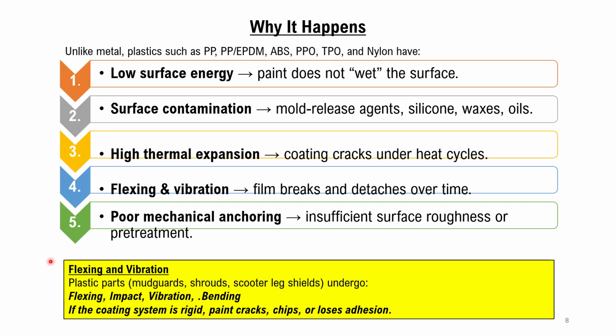Here, flexing and vibration means plastic parts such as mudguards, shrouds, and scooter leg shields undergo flexing, impact, vibration, and bending. If the coating system is rigid, paint cracks, chips, or loses adhesion.